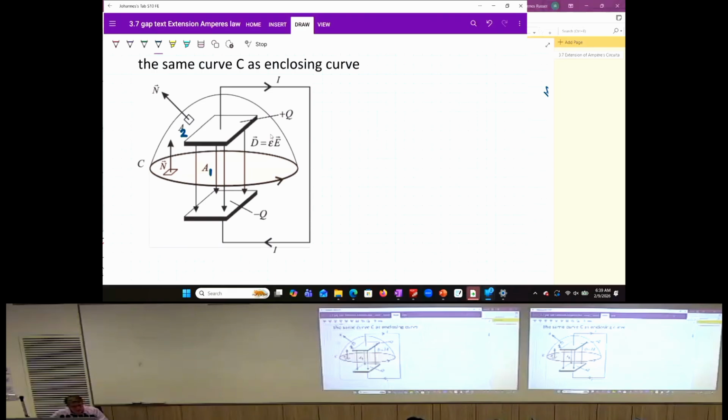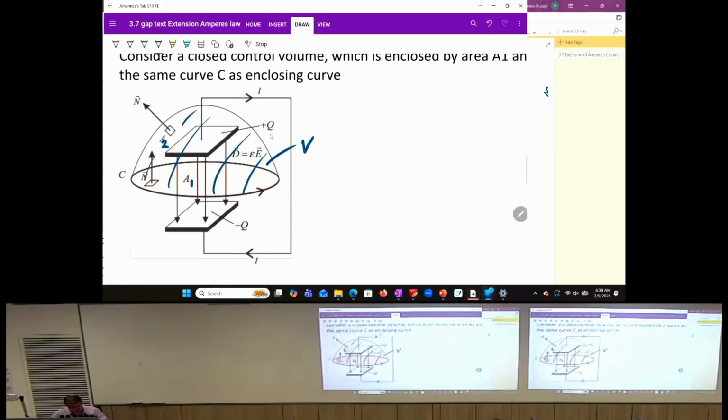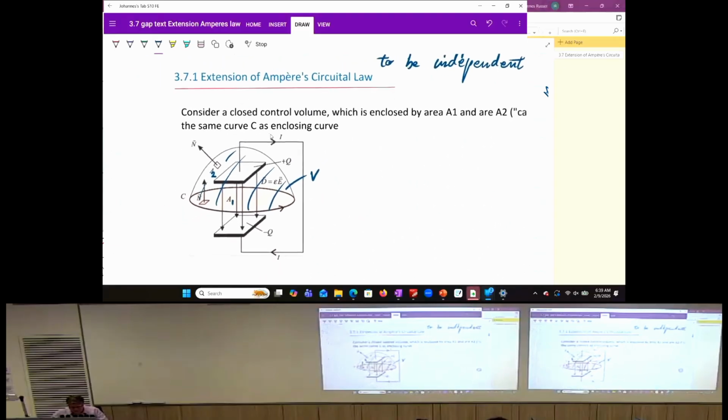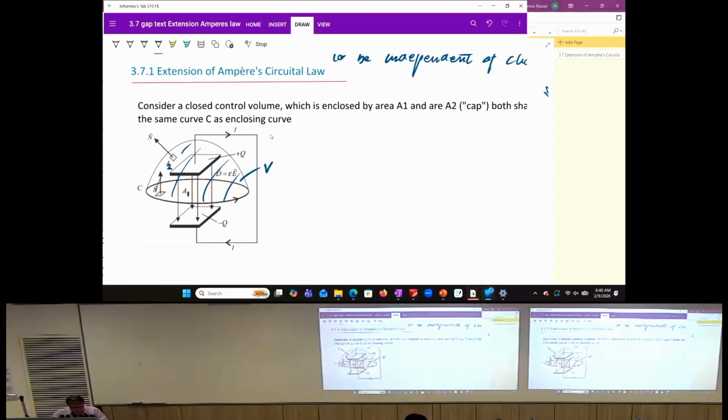So these two areas together form a volume. So we have here a volume V. You put A1 and A2 together, and that gives you a closed surface.